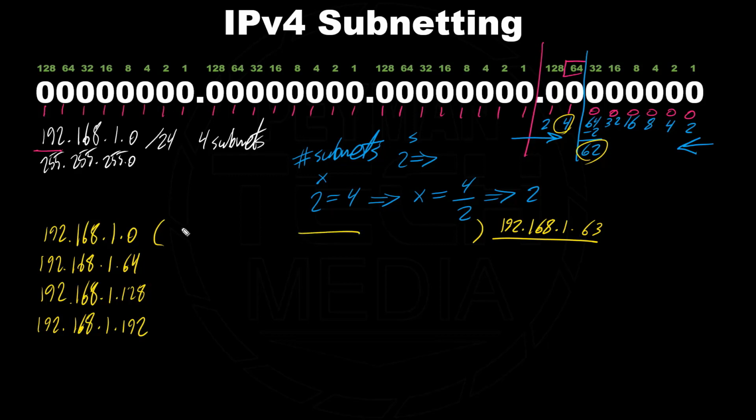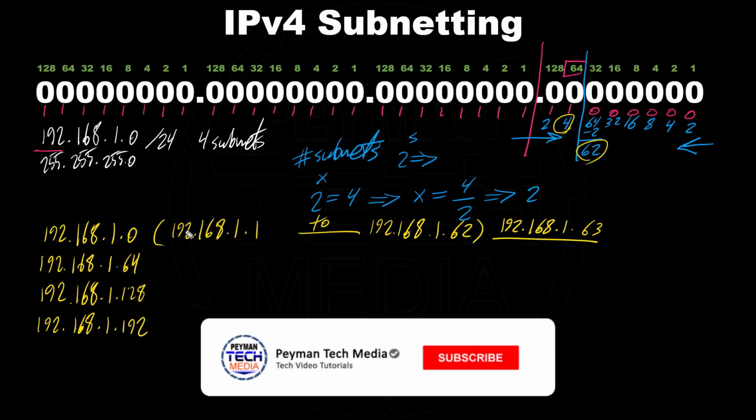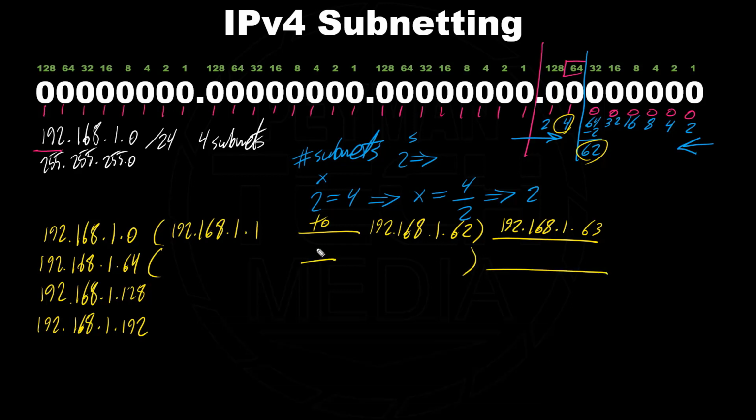And the range, the first available IP address for this subnet is 192.168.1.1, and it goes to 192.168.1.62. So 1.1, 1.2, 1.3, and so on to 1.62. These are the 62 available IP addresses we can see in every subnet. Same thing, here we will have 62 available IP addresses in this range.